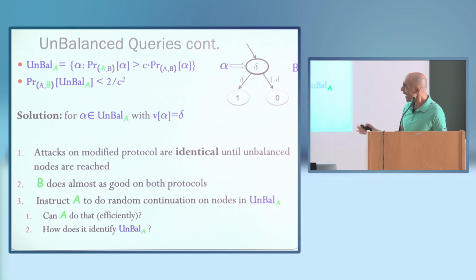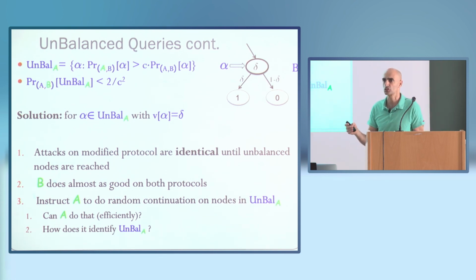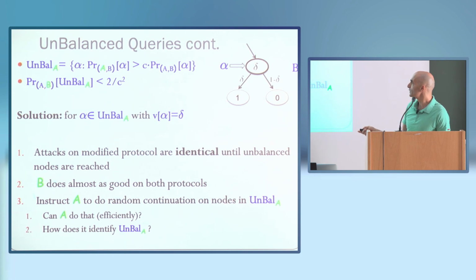And the malicious Alice, we can ask her, when you get here, well, you're in a problem. You don't know how to invert the function. What you do is you just behave honestly with the last random coins that you have until the end.